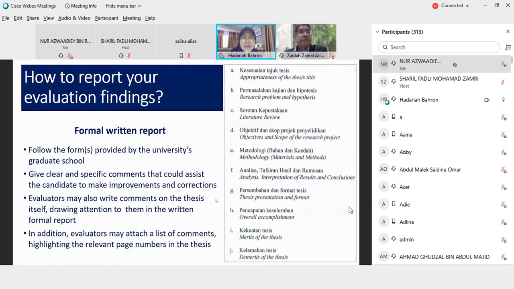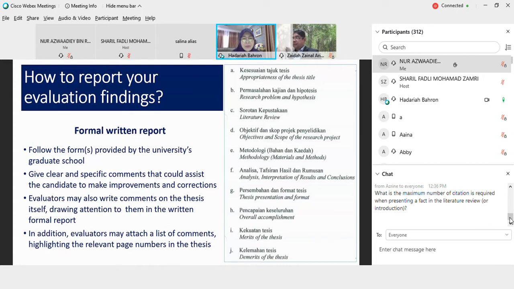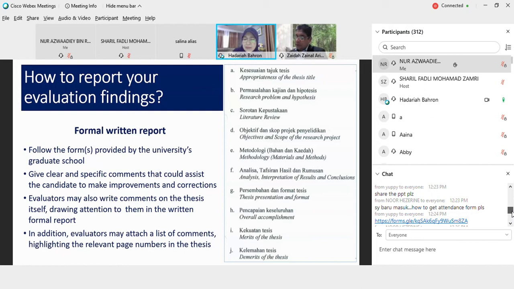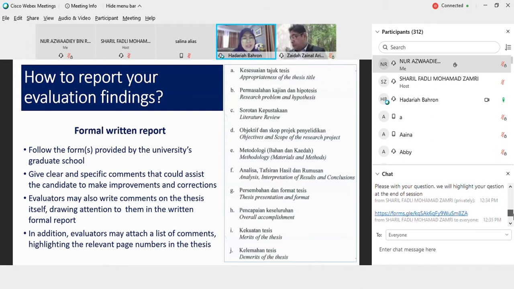Now, after you have read the thesis that you are given the responsibility to evaluate, you must report the evaluation. What I always do is I have a little notebook that I keep together with the thesis that I am evaluating, and in my notebook I will note on what page, what figure, or which line, and I will write using my handwriting my concern about that or my comment that I want.